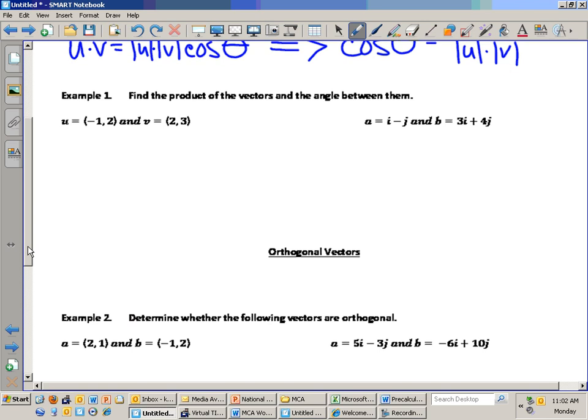So, example 1 says find the product of the vectors and the angle between them. Now, as I did this second hour, everybody got confused. They said, which two are you choosing, Mr. Gens? If you want to multiply two vectors together, the dot product says that we take the two A values.